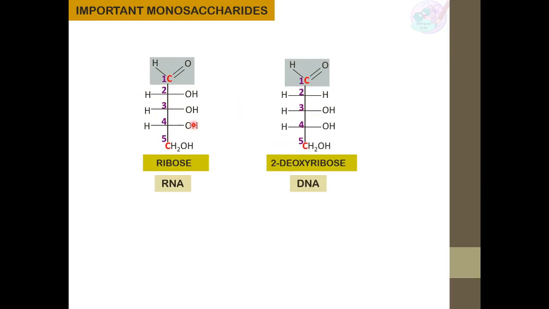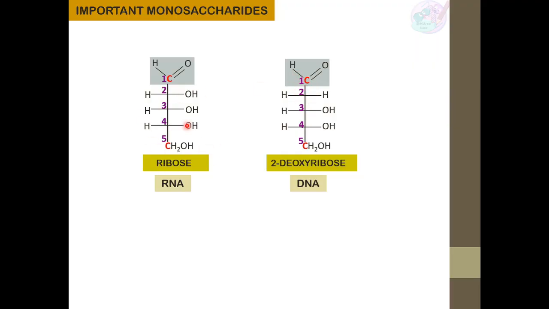Other very important monosaccharides are ribose sugar, which is present in RNA, and deoxyribose sugar, which is present in our DNA. If you look at the structure of ribose sugar and deoxyribose sugar, they have only one difference, at the second number carbon.